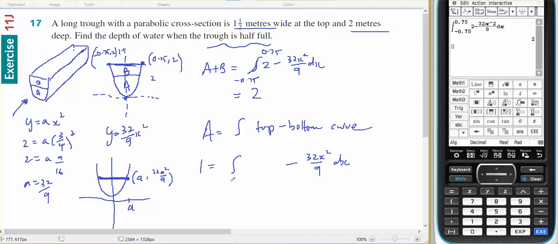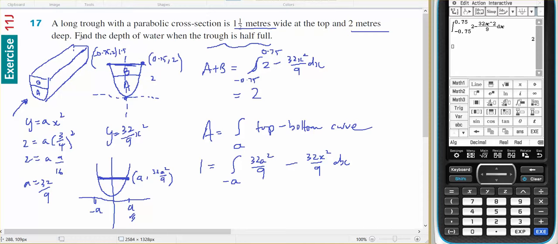And I'd like to integrate from negative a to a, and my top curve is 32a squared on 9, because that's the equation of the top curve in terms of a. I don't know a, because a is this x value, and I need to know this x value to actually work out the answer to this question.